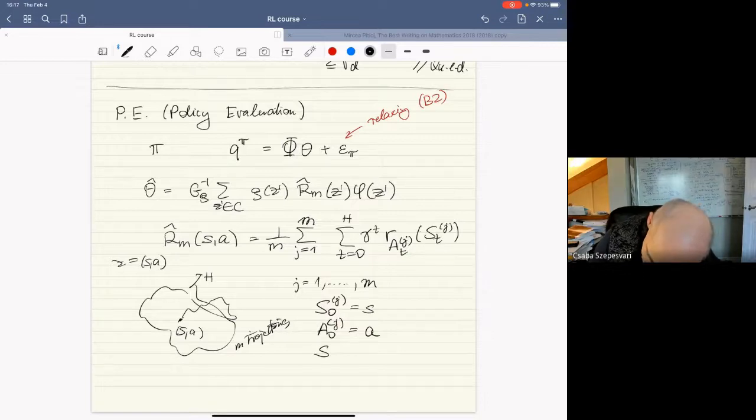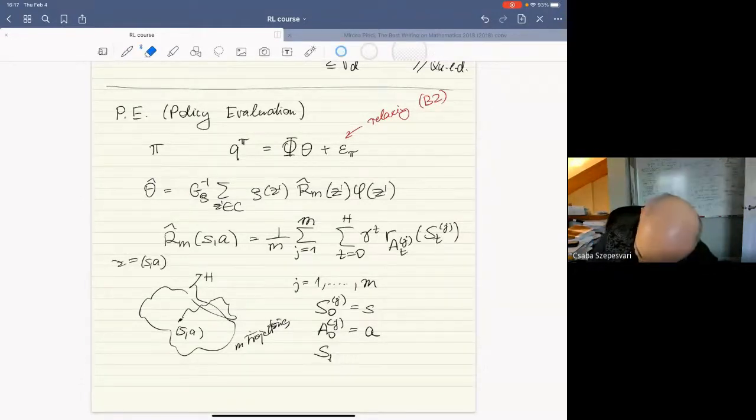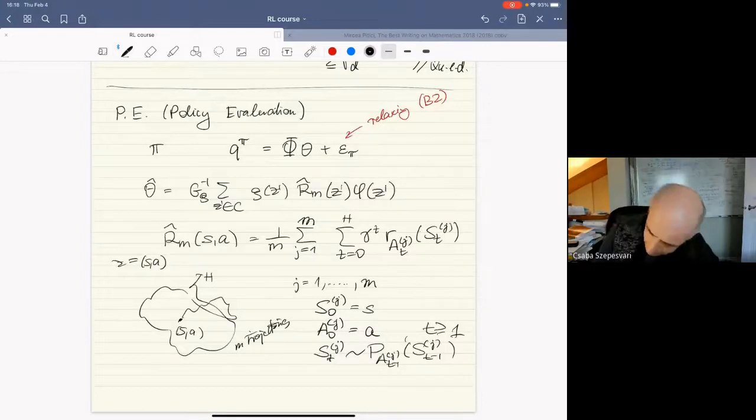And for any subsequent time steps, so for any t greater than or equal to 1, the next state is going to be sampled from the transition kernel of the MDP, where you are in the previous time step and this previous state of the trajectory, and this action that was chosen.